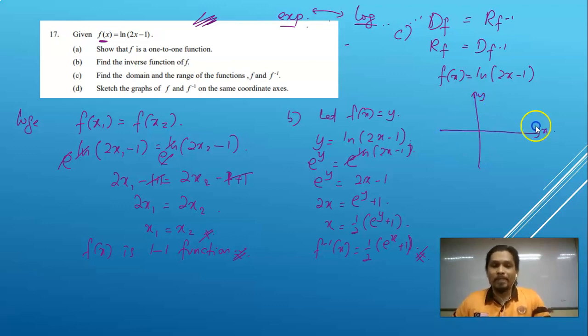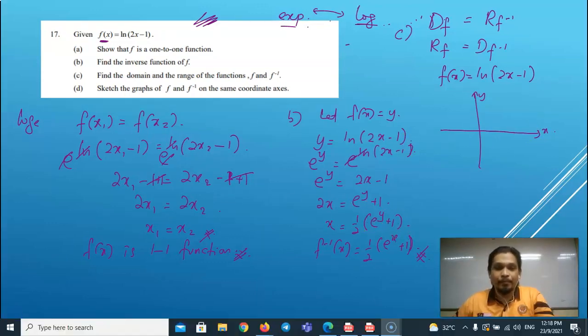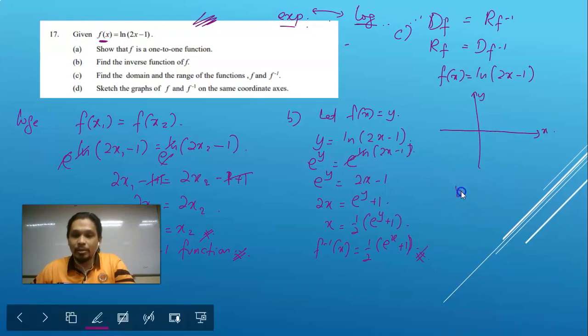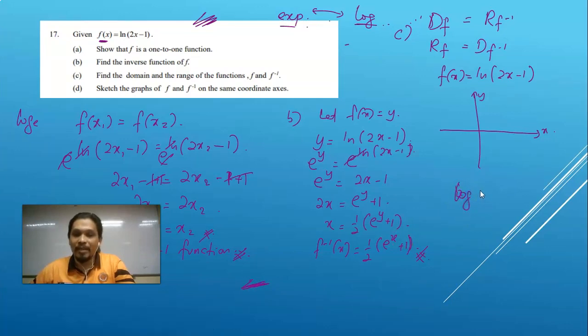So class, as we know, for a log function, log x, when x equal to 1, then y equal to 0, and for log 0, when x equal to 0, the whole function is undefined.